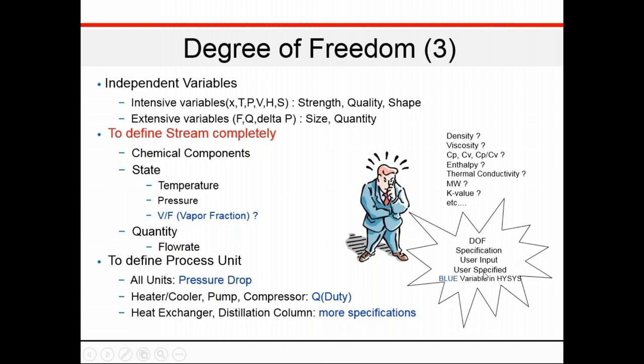Then there is degree of freedom specification, user input and user specified. Anytime you see blue in HYSYS, it means it is to be specified by the user. Once you see red, it's calculated by HYSYS. Once it is black, it cannot be changed; it's a figure that has already been computed.